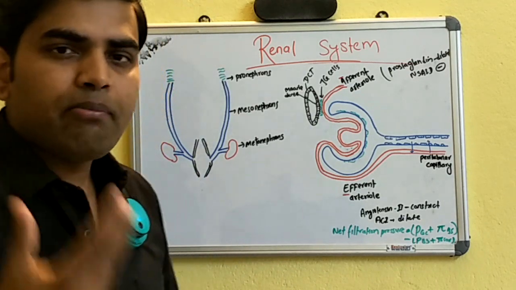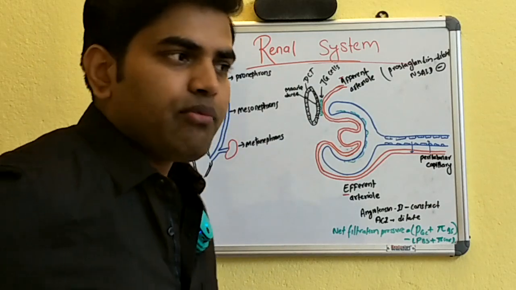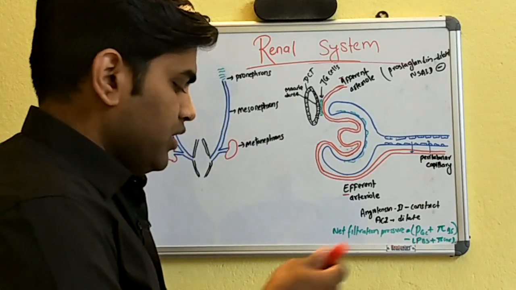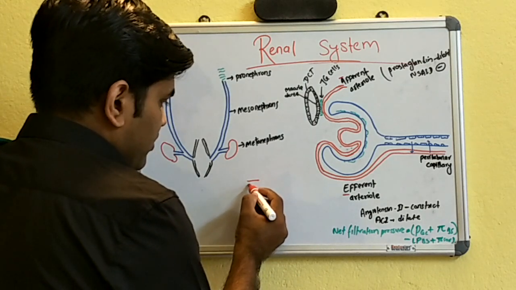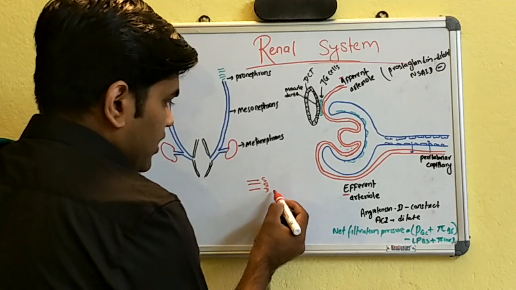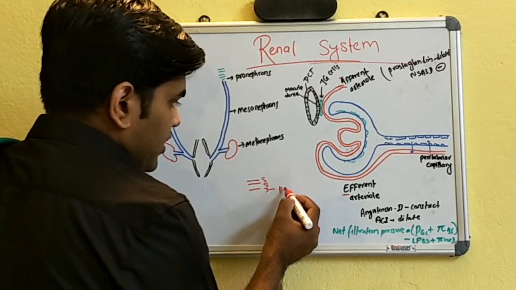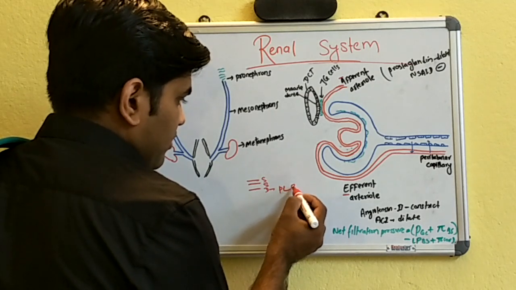Okay, if you go to the kidney from the back, there will be skin, then a superficial fascia, then a deep fascia. This deep fascia is actually the posterior layer of the renal fascia.